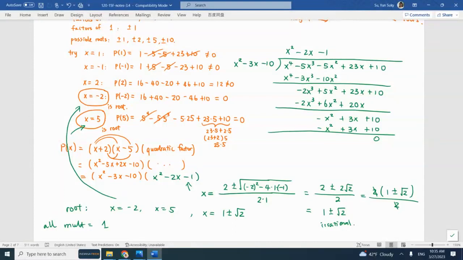But you can use long division to find the remaining quadratic factor, and then you realize, let's say the remaining quadratic factor looks like this. Then you will see I can factor it as (x minus 1) squared, and this is the same as this. We can combine them and get (x minus 1) raised to the power 3.